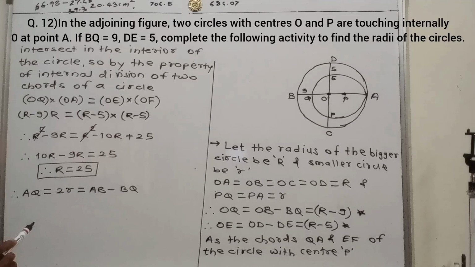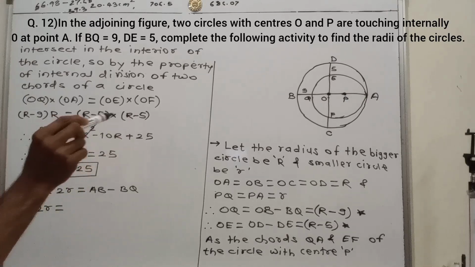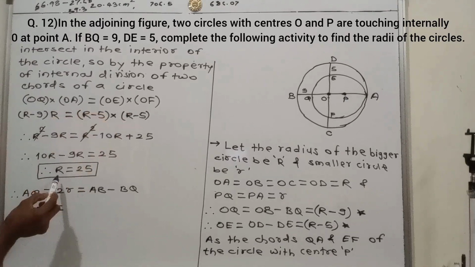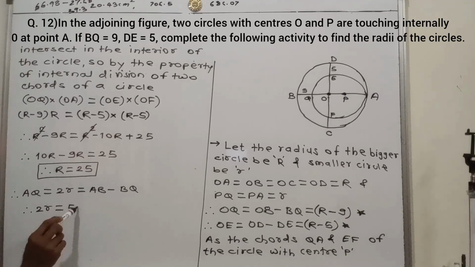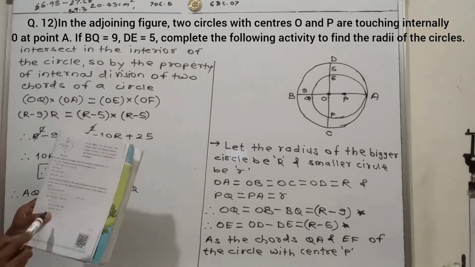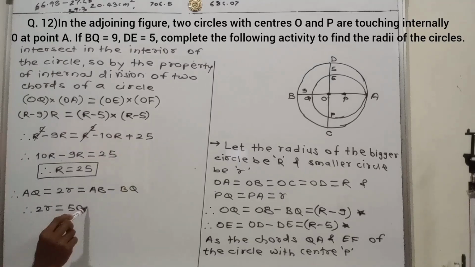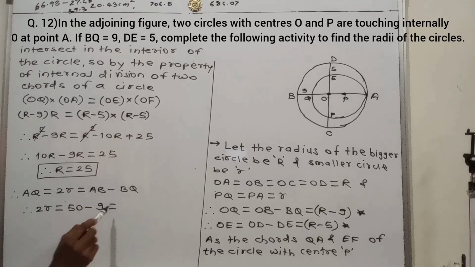Therefore 2r is equal to AB diameter of bigger circle, radius of bigger circle is 25, diameter 25 into 2 means 50. Here we have given directly minus BQ, what is 9.